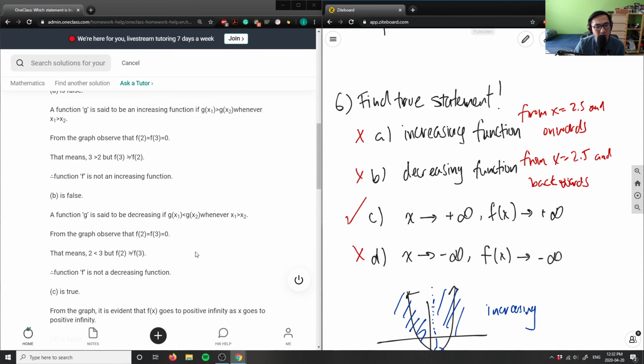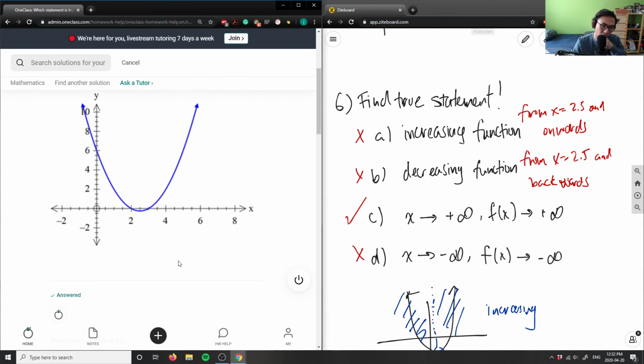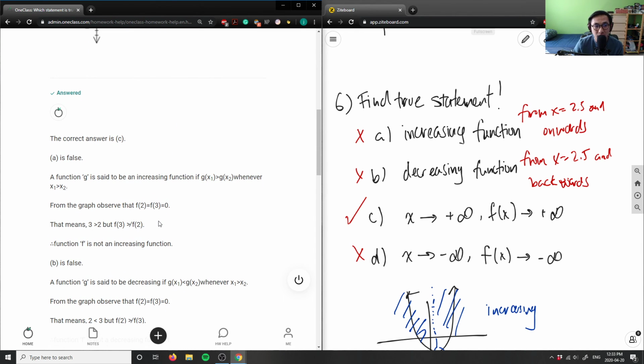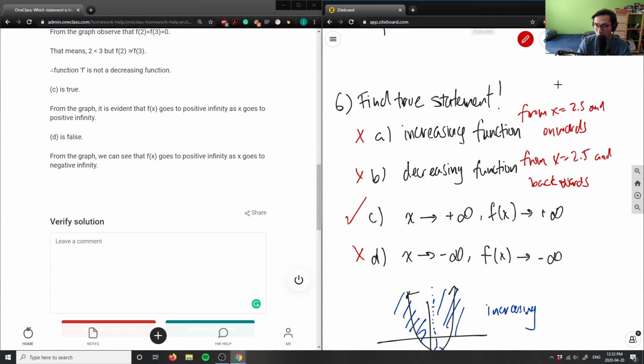So I don't really like their explanation for this here, because in this case, you have a vertex here. It's a parabola, clearly. And what they're doing is this function decreases up until this point, and this function increases after this point, right? So technically, it's not false, but there should be a condition. It should be an interval. If I were to draw out the intervals of increase, I can say this is from 2.5 towards positive infinity, and then decreasing would be negative infinity to 2.5, right?